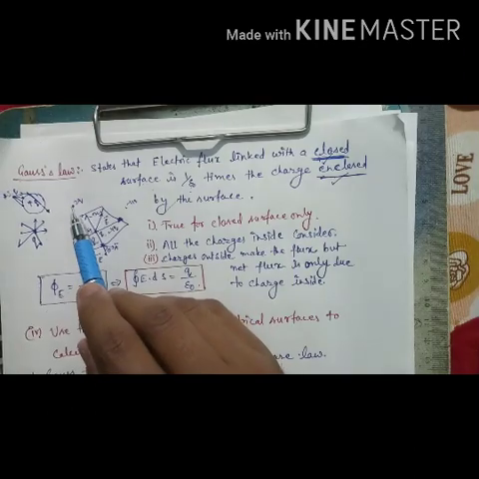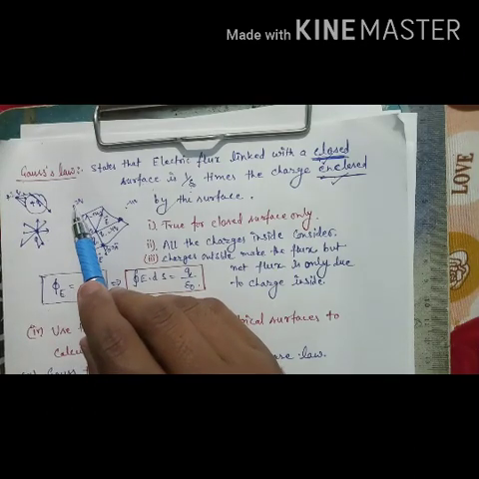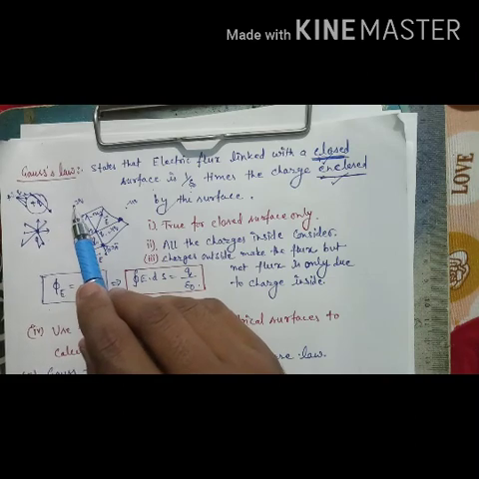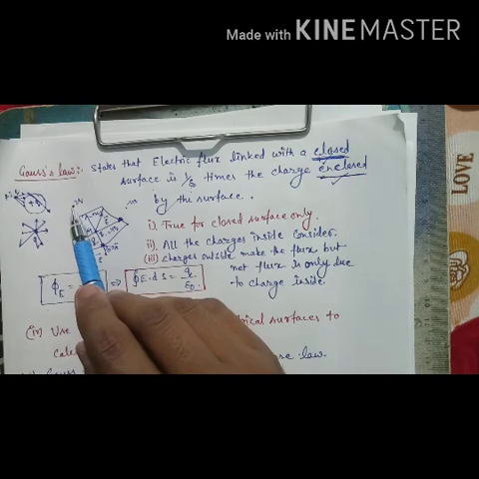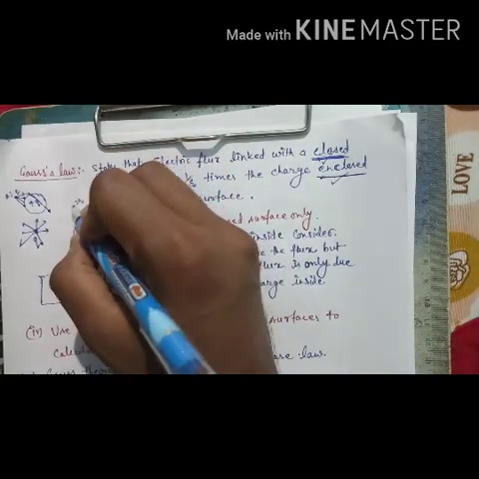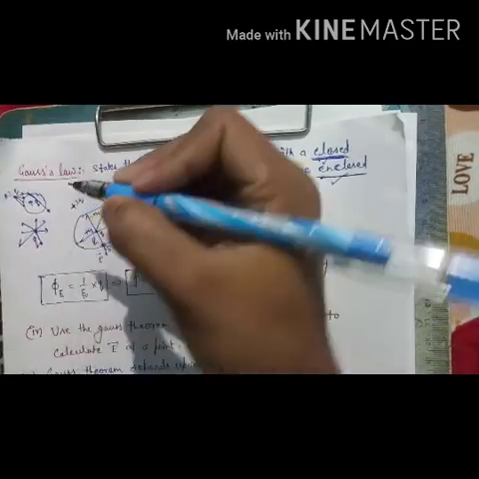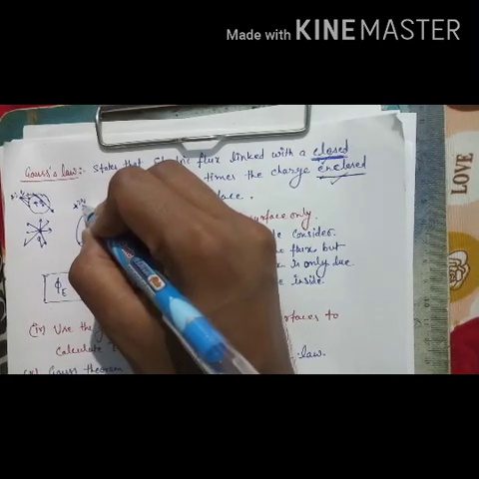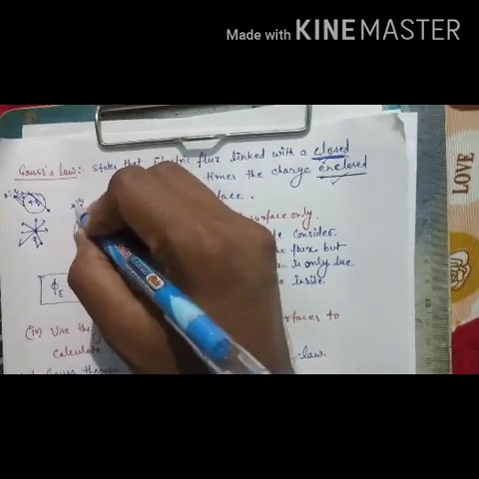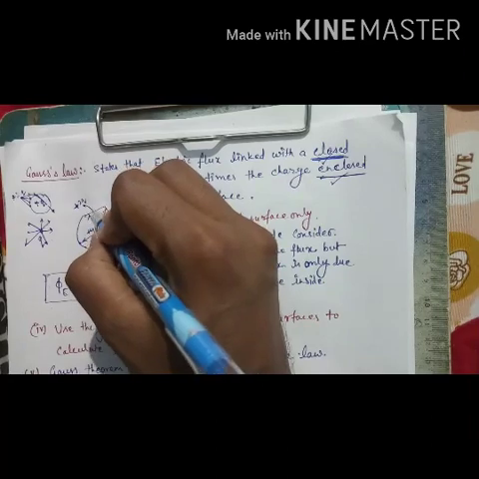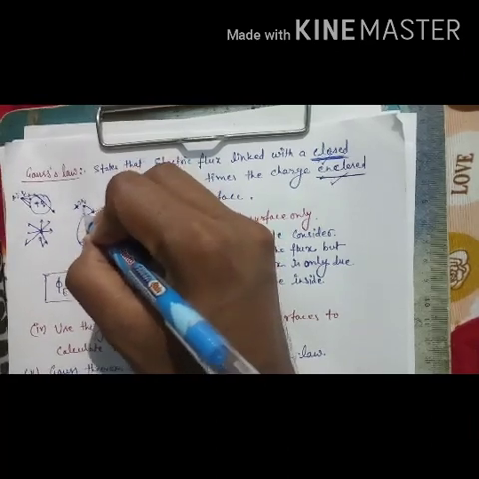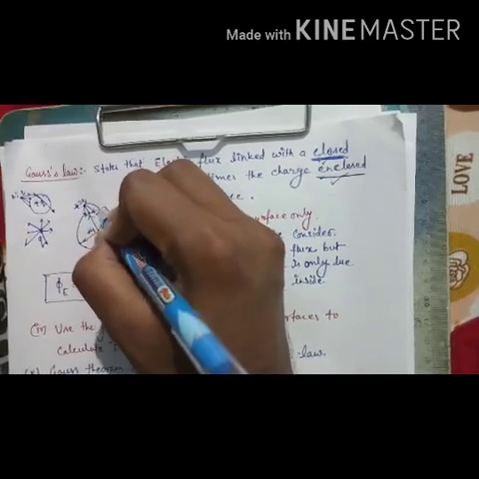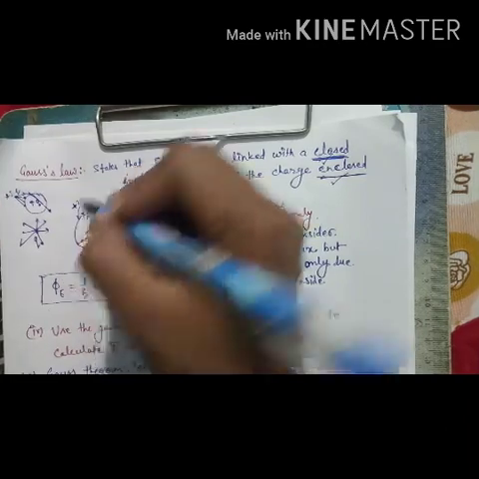If the charge is outside this surface, it makes electric flux, but the net electric flux will be 0. Why? Let us suppose this charge is plus 2q. It makes an electric field line linked with this surface.